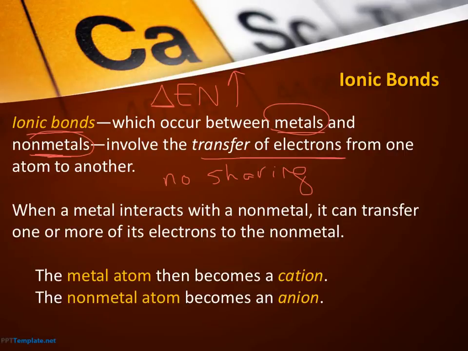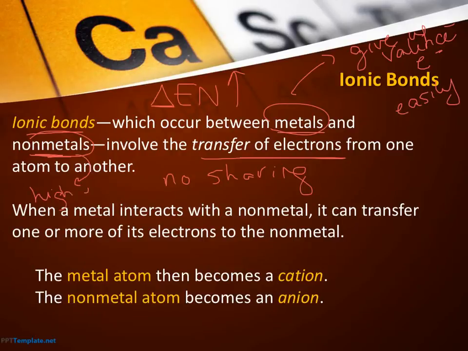Well, you may or may not be aware that metals tend to give up their valence electrons, that means the electrons in the highest energy level, pretty easily. Okay? And nonmetals have a high electronegativity, which means not only do they not want to give up the electrons they have, they would like additional electrons.